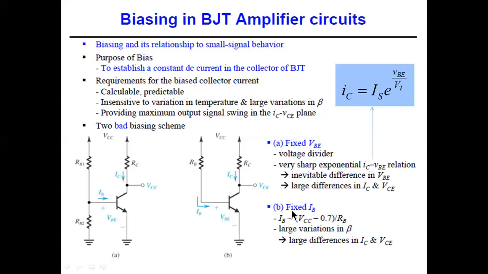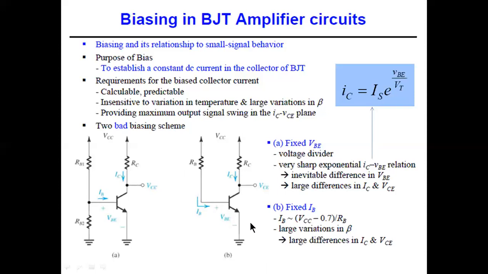Another biasing scheme is fixing the IB. The previous one was fixing VBE; this is fixing IB, and that is done by putting a single resistor RB. So in this case, the value of IB will be VCC minus VBE by RB.